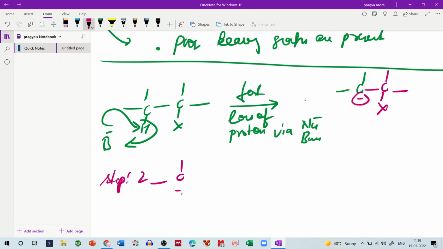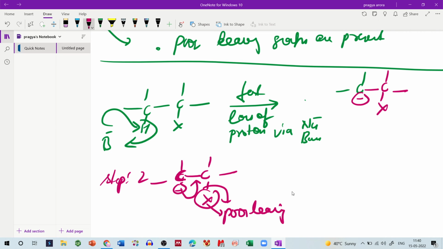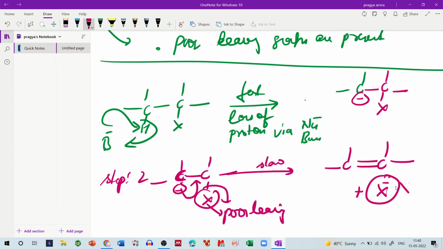After the generation of the carbanion, what happens in step 2? The generated carbanion delivers its electron density over the bond between carbon and the X, which is a poor leaving group, and X is now released. So this one is the slow step. Plus X minus.